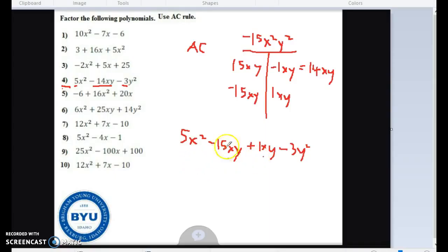All right, now let's look at the first half of this, the first group. 5x squared minus 15xy. And that has a common factor of 5x. And when I factor 5x out, I'm left with x for the first term, and then a minus, and then 3y.